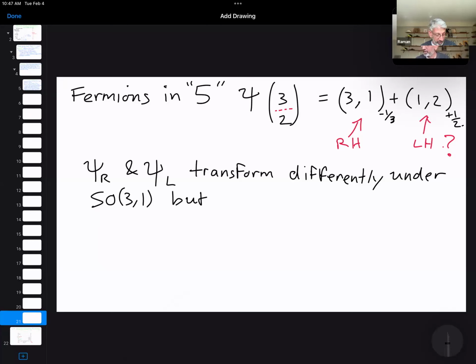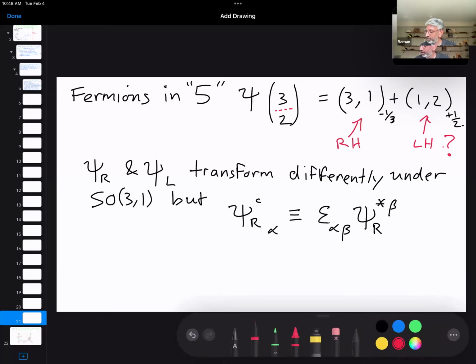What's called psi right conjugate, where again, if I take this index alpha, this is the two components, this is the Lorentz index, this is the spinor index, and I use an epsilon tensor to relate it. So by just complex conjugating a right-handed field and then multiplying by this matrix that just interchanges the indices up to signs, I get this thing that's called psi right conjugate.